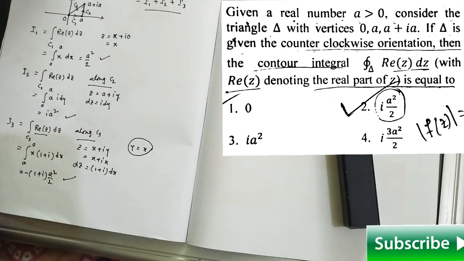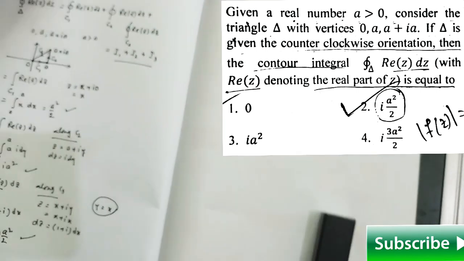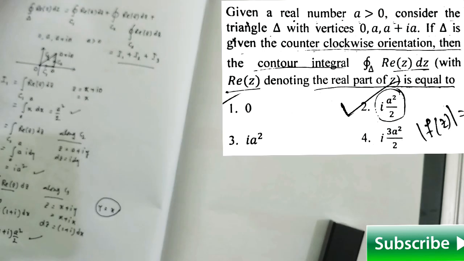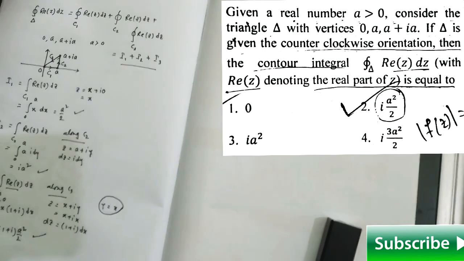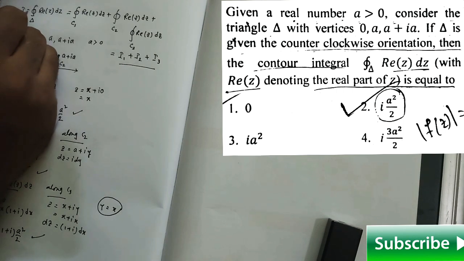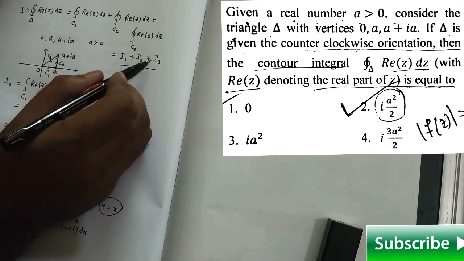Now in the very first step, suppose this is your I, and you have I is equal to I1 plus I2 plus I3.